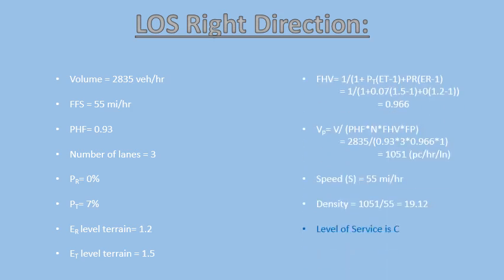Then we found these values: FHV equals 0.966, VP is equal to 1051, and the speed is 55 miles per hour. From there we can find the density by dividing VP by speed, which is 1051 divided by 55, and it is equal to 19.12. Going to the density table, it will give you the level of service, which is equal to C.